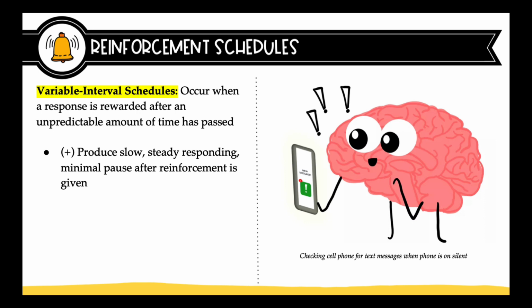Another real-world example of this type of schedule would be checking your email, right? How many times a day do you check your email? Typically, you should be checking your email at random times throughout the day, instead of checking it every single time you get a notification of a ding.